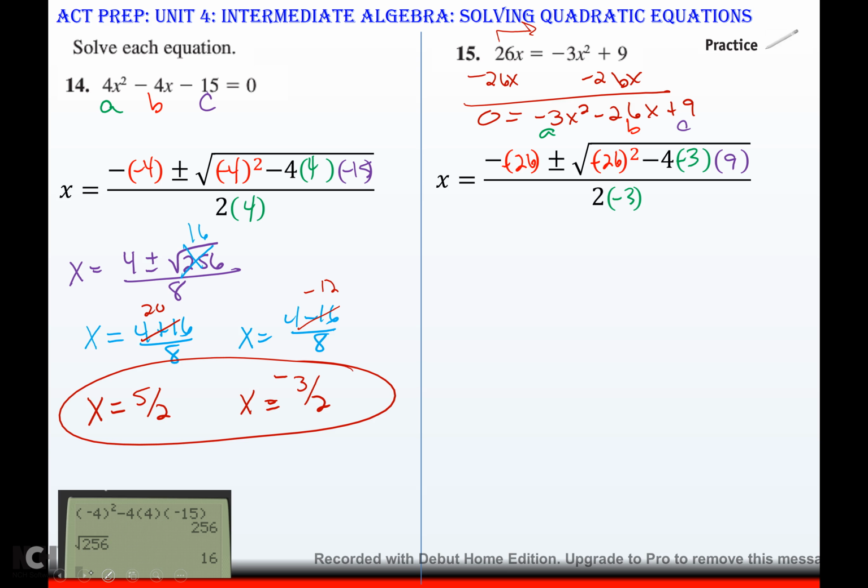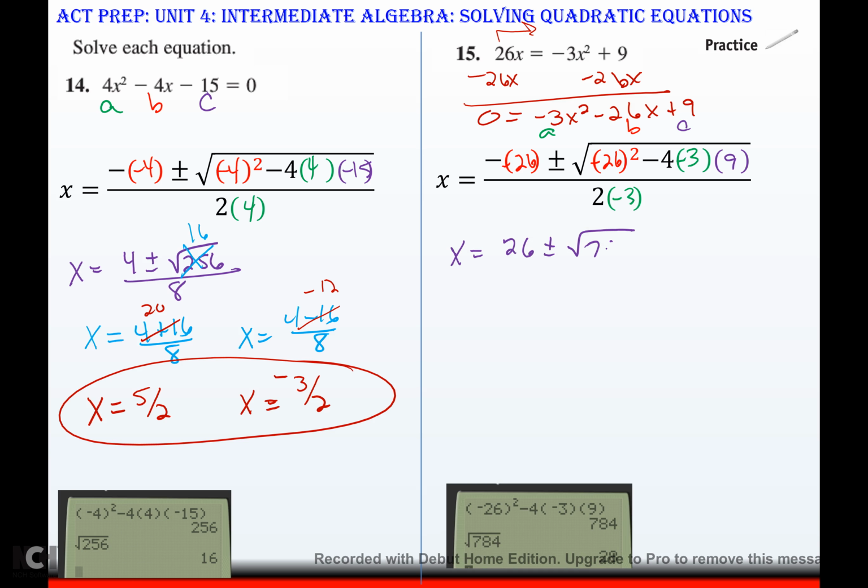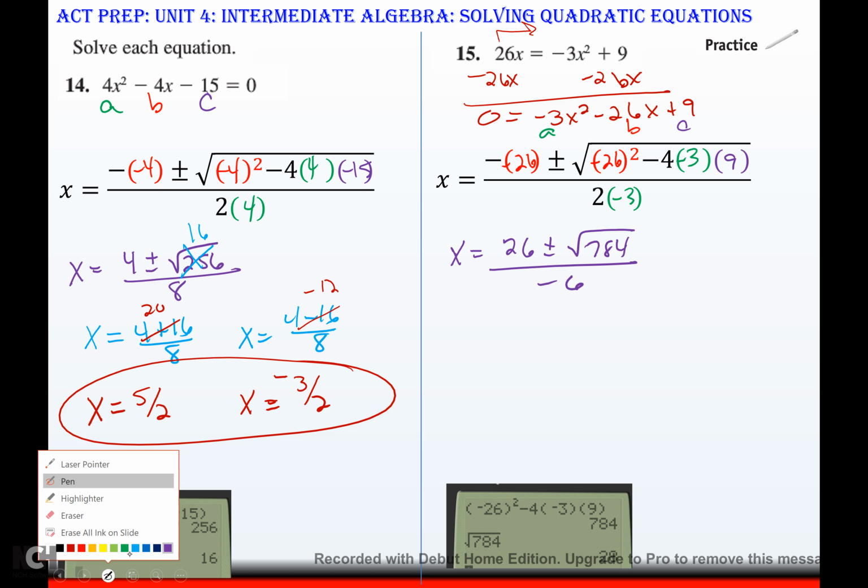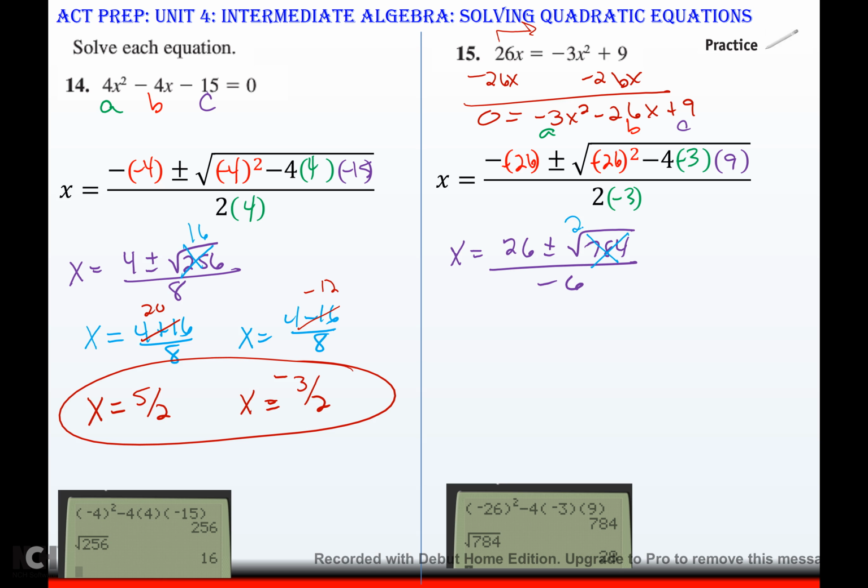Typing just what's under the radical, I get 784. So I have x equals positive 26 plus or minus the square root of 784 all over negative 6. The square root of 784 is 28.